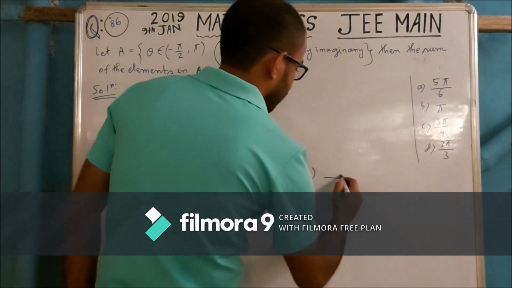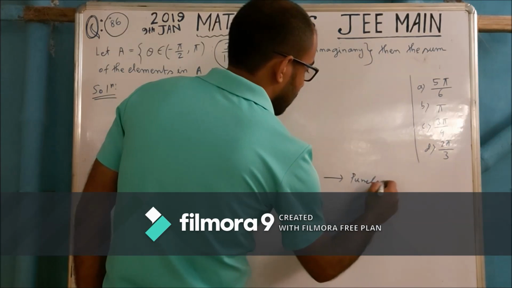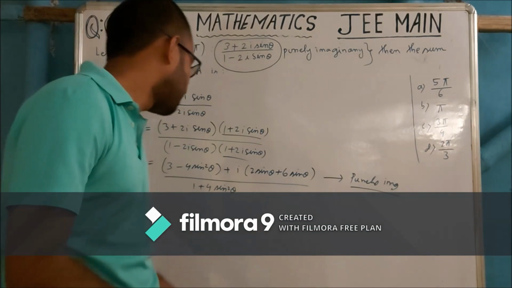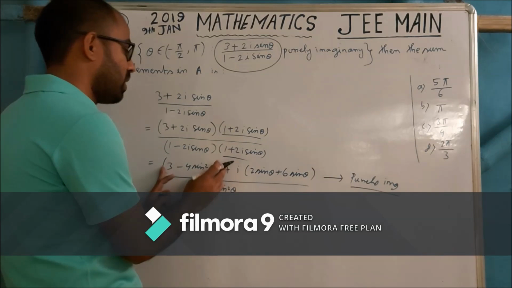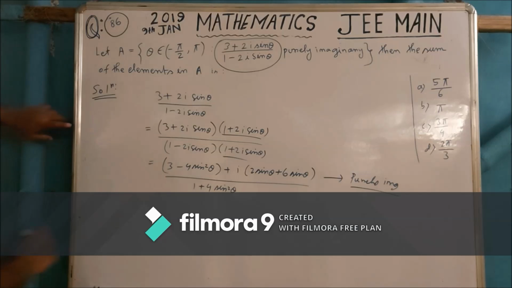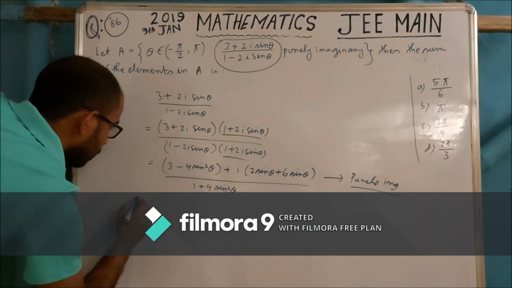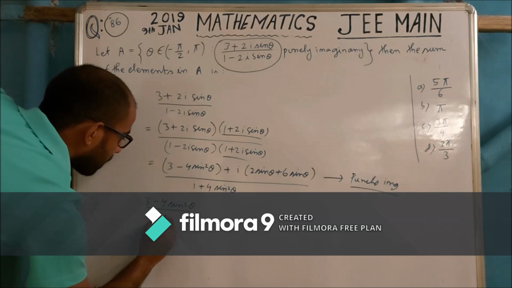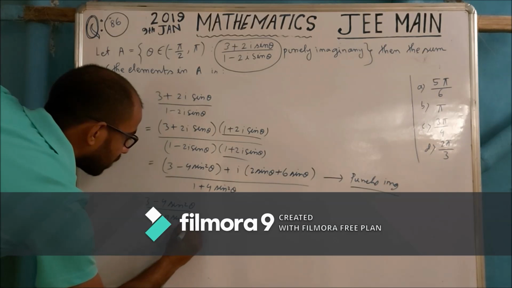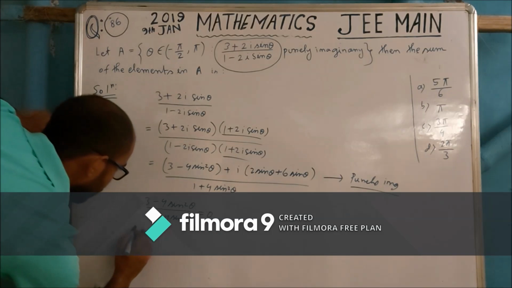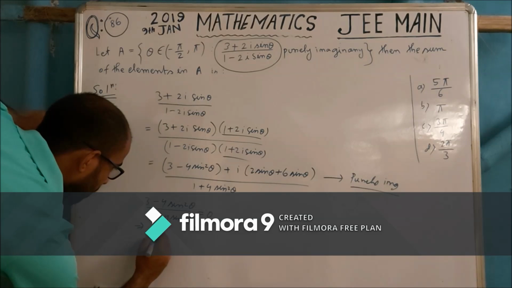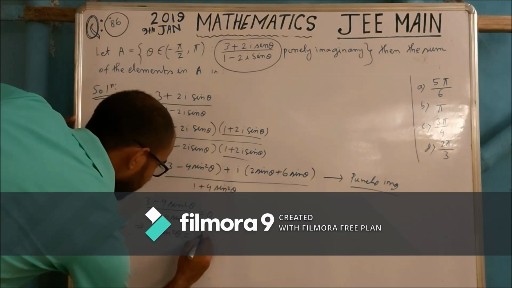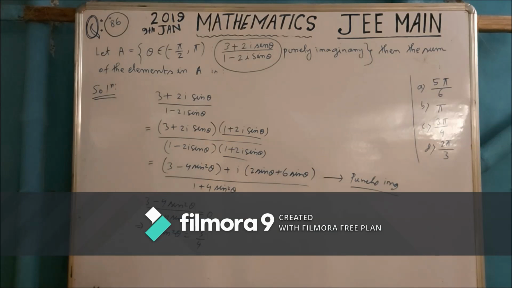This part is purely imaginary, so the real part will be 0. So we get (3 minus 4 sin square theta) by (1 plus 4 sin square theta) equal to 0. So we get sin square theta equal to 3 by 4.